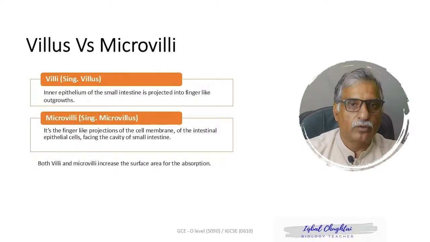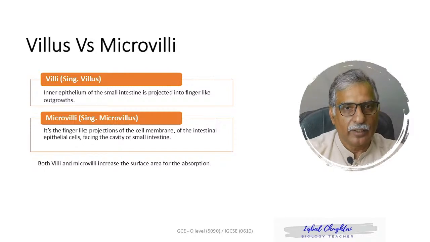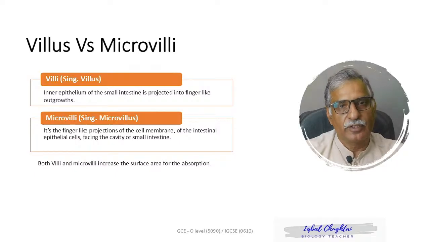So finger-like outgrowths of the cell membranes of these cells are known as microvilli, and the finger-like outgrowths of the tissue, that is the inner epithelium, are known as villi. Both these villi and microvilli increase the surface area for absorption.